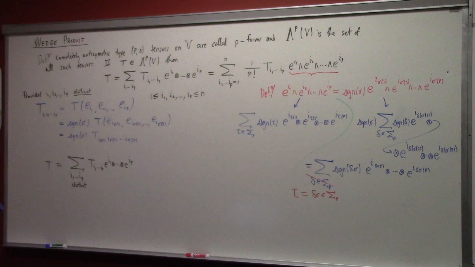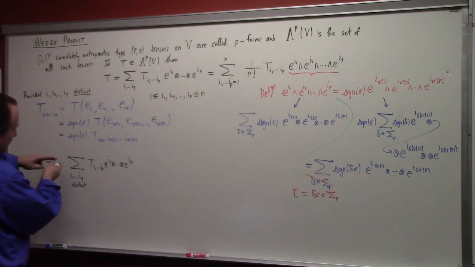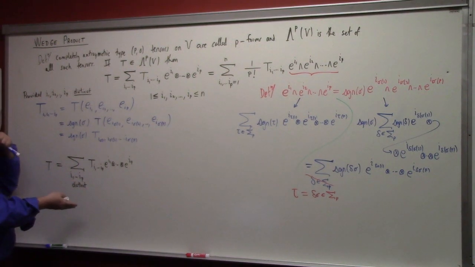The thing is, this sum doesn't have them in order. This allows for all possible orderings, right?